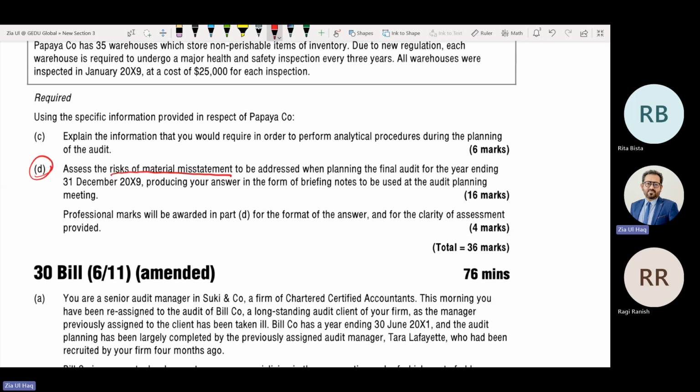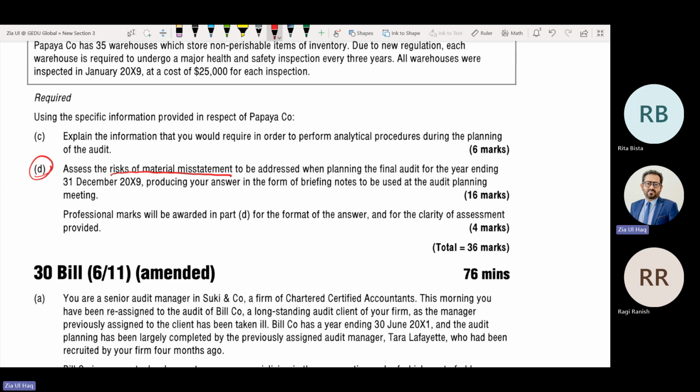We need to assess risk of material misstatement, producing your answer in the form of briefing notes to be used at the planning audit meeting. So we need to prepare briefing notes, and there is a format to prepare briefing notes: to, from, subject, date, and then we will answer the question.